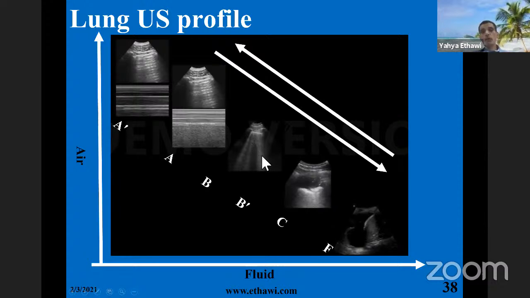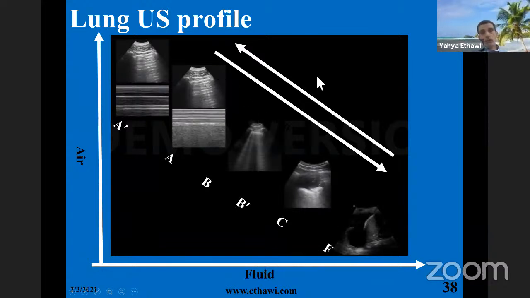And if you have pneumothorax, or pneumonia, or stickiness of the pleura, you will see no sliding, and it's B prime profile. Until you have a pleura which is damaged, you get C profile. And when you see fluid, it's F profile.